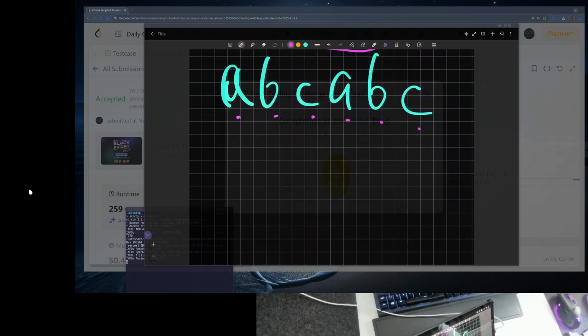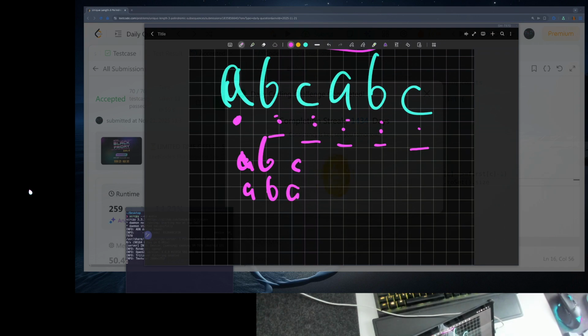For every character, we have all possible subsequences that can start after it, like n of them. So it's A, B, C, A, B, A, and so on.